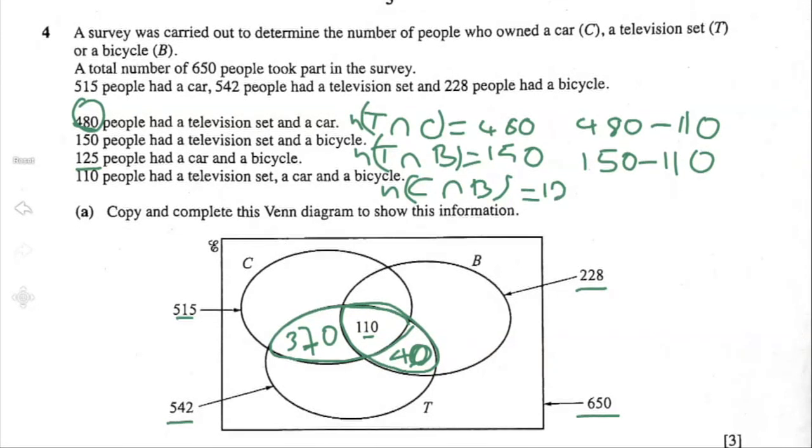So you can identify C intersection B, which is that part there. And then 125 minus 110. You can work that out. 125 minus 110, you should be able to get 15 there.